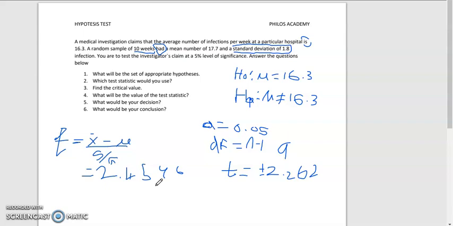The next one says, what will be your decision? Now, what will be our decision? To know your decision, you can sketch a curve. Forgive me for my bad handwriting, okay? But please do the writing in your book or your jotter. Now, if this is a straight line, and the critical value 2.262, you plot it here.